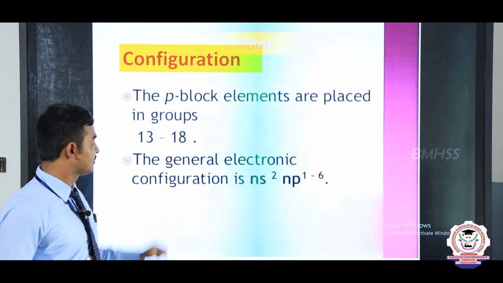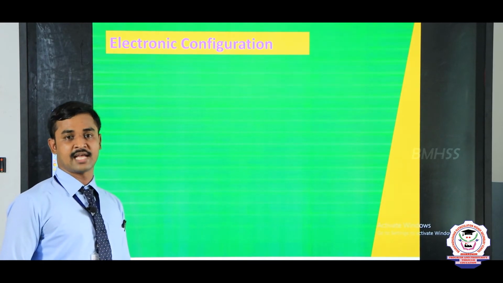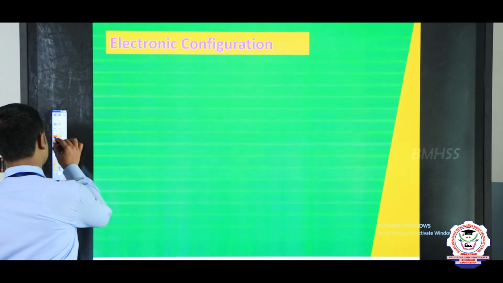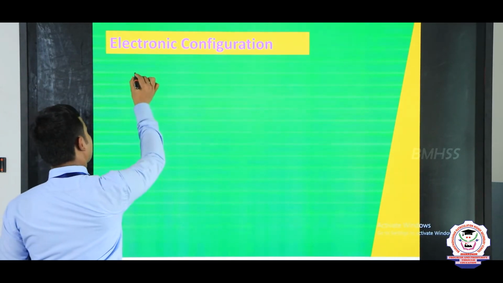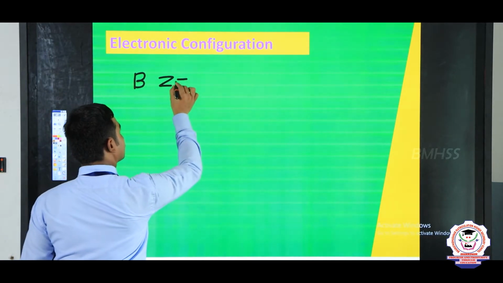Now look. For example, let us consider the first atom of p block elements, boron. Why is it said to be the first atom? If you consider boron, its atomic number is 5.